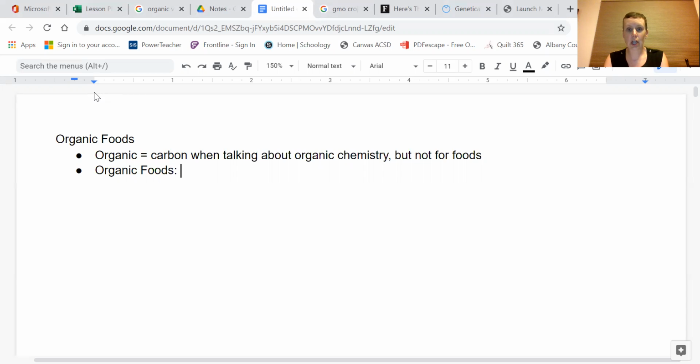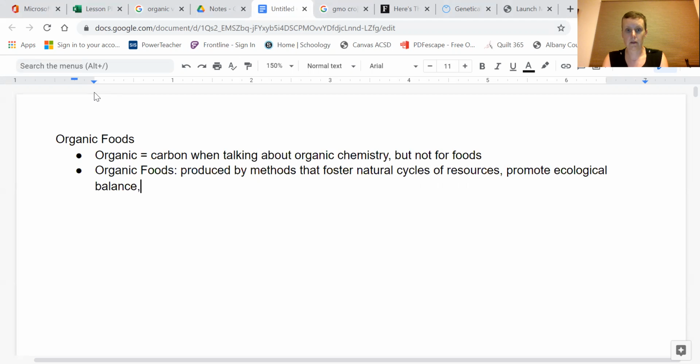Okay, here's a general definition. Produced by methods that foster natural cycles of resources, promote ecological balance, and conserve biodiversity.